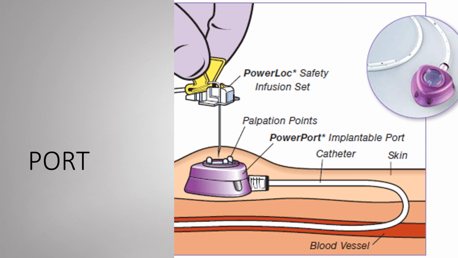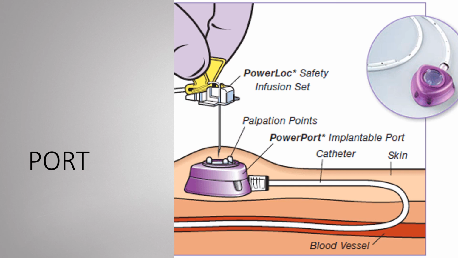Now, just remember that there's a silicone membrane on top of the port that the needle goes through. So you can't just use any needle for these. You have to use non-coring needles. Okay, these are referred to as Huber needles.